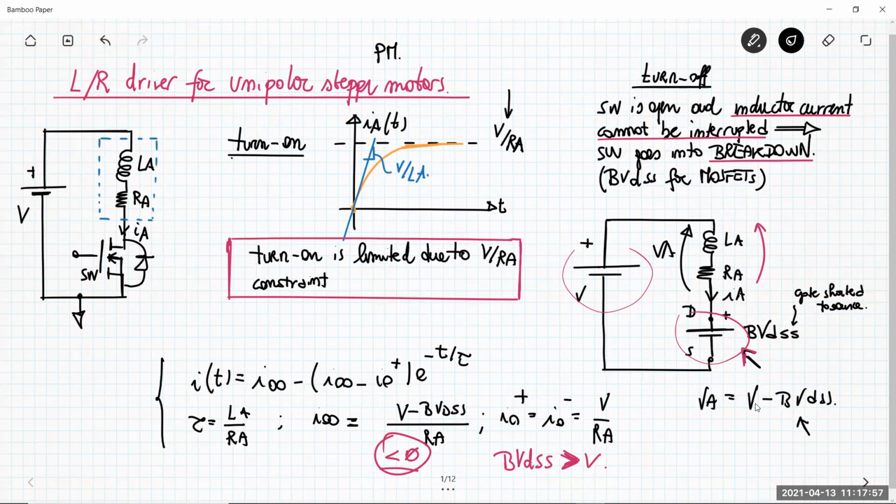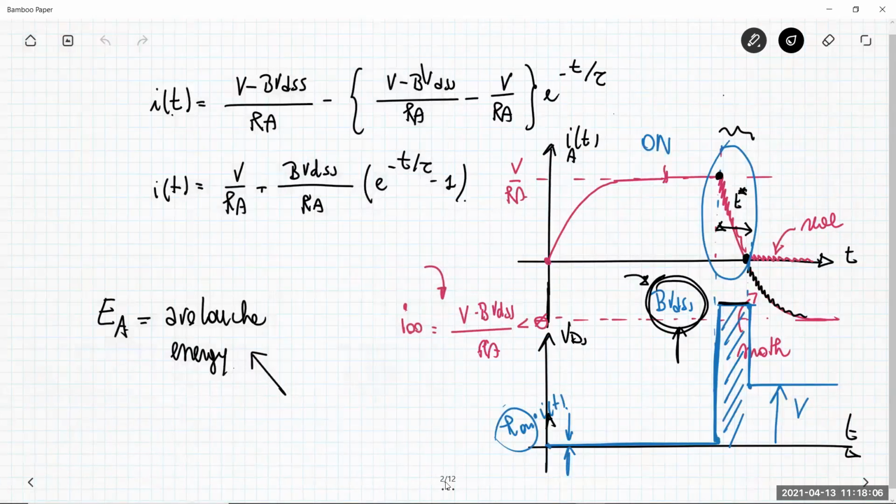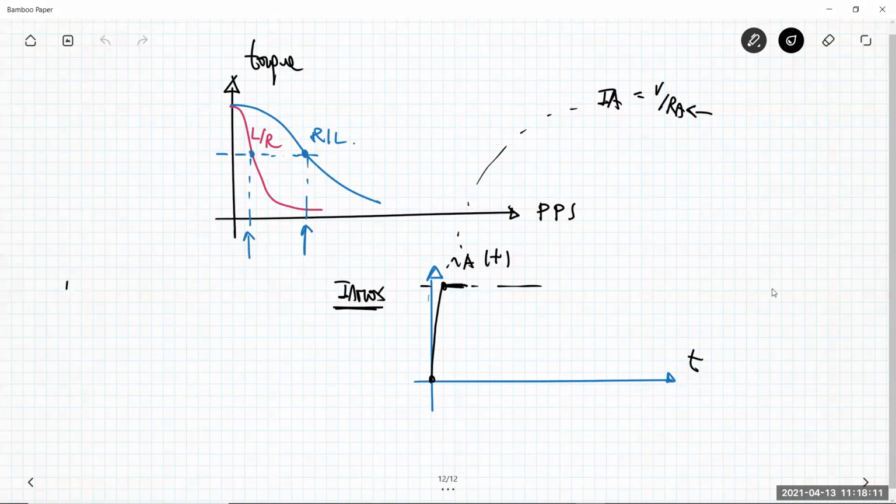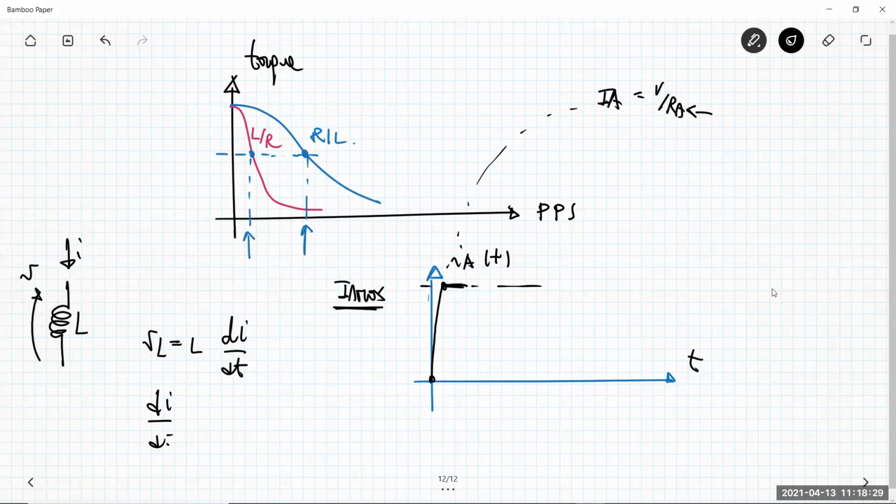This is totally understandable and reasonable, because when you have an inductance, the voltage across the inductance is L dI/dt, where I is the current flowing and V is the voltage across this inductance.